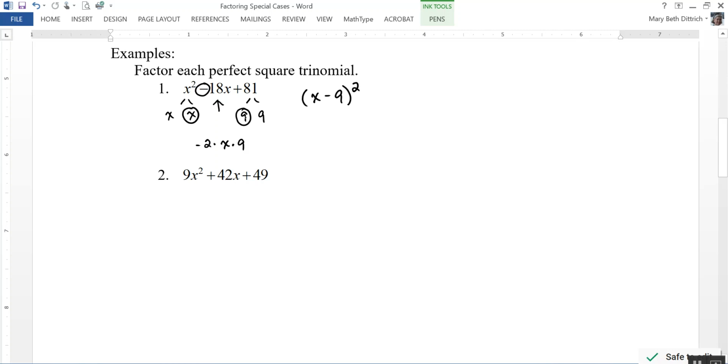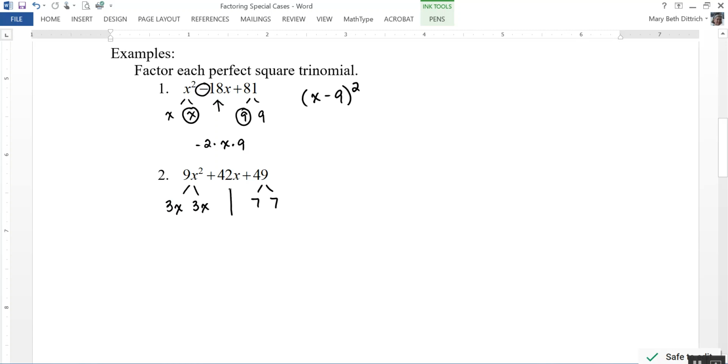Let's take a look at this one here. 9x squared plus 42x plus 49. Well, first thing I notice is that my first term is a perfect square. It's actually 3x times 3x. My last term is a perfect square. It's 7 times 7. So my a would be 3x, my b would be 7.